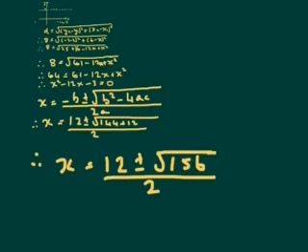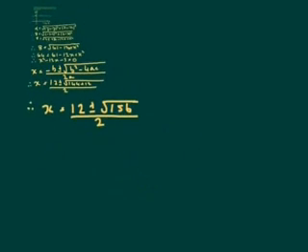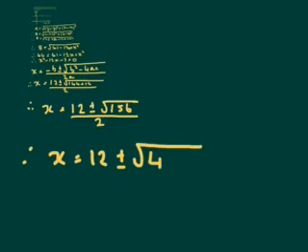Now in reality you probably want to use your calculator to work that out, but we can simplify it and leave our answer in surd form if we like. 156, now 4 is a factor of 156, isn't it? So we can say that x is now equal to 12 plus or minus. Remember how we simplify surds? 4 goes into that, 39 times, like that, over 2.